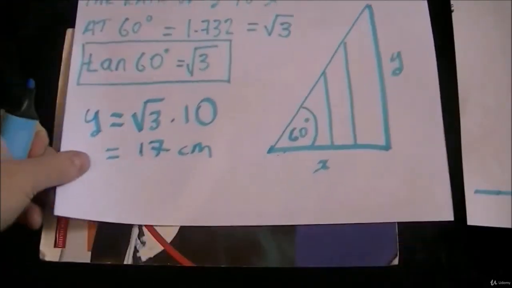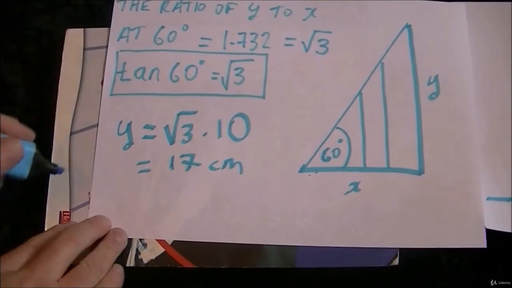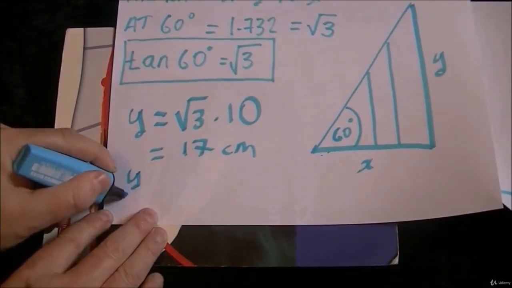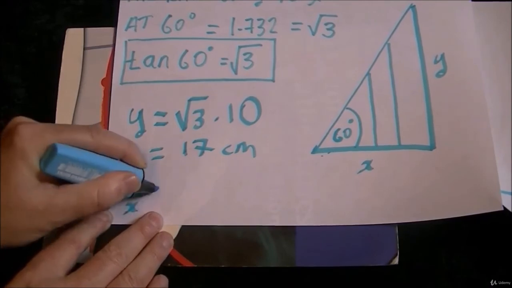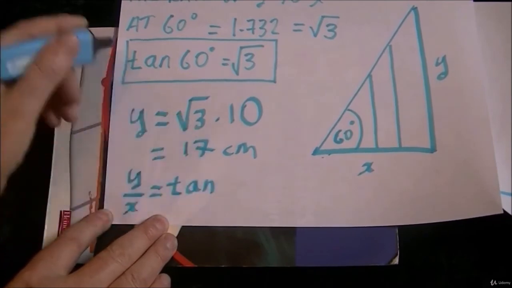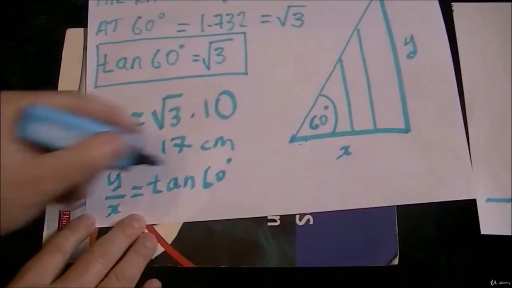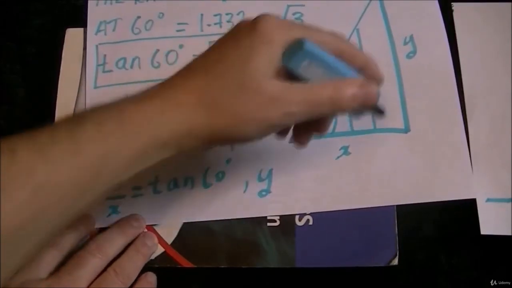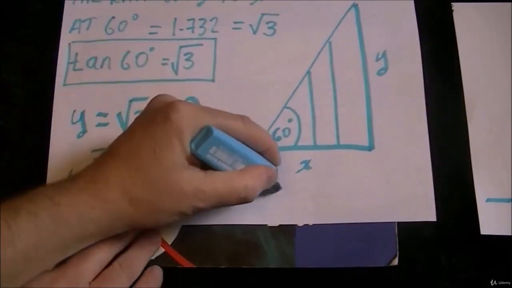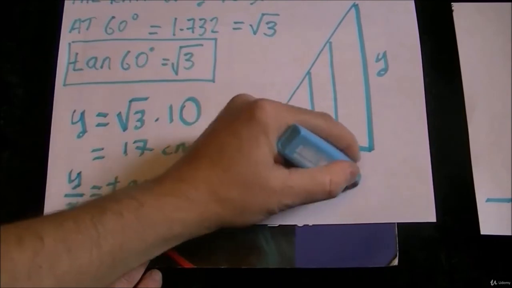If we were to write it out in a mathematical way, we could say that y upon x equals the tan of our 60 degrees, and then we can say y, the height, will equal our x distance times the tan of 60 degrees.